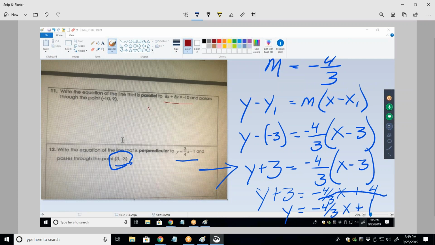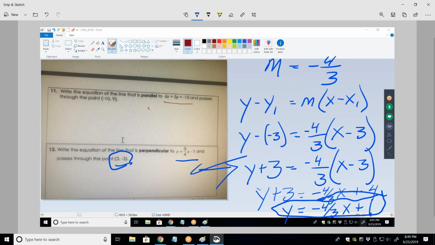And that is in slope-intercept format. So if they did ask you for slope-intercept format, you can just solve what you got when you plugged into point slope. Or you can do it the other way, where you solve for b. It's really six of one, half a dozen of the other.